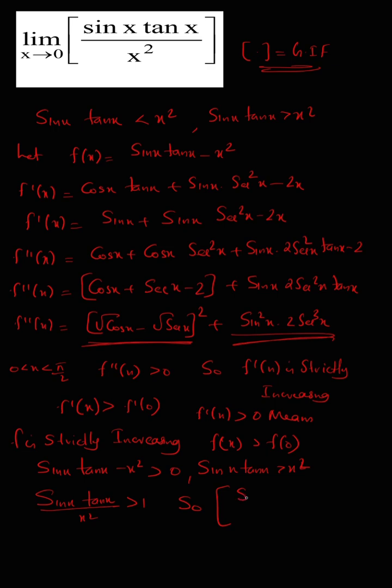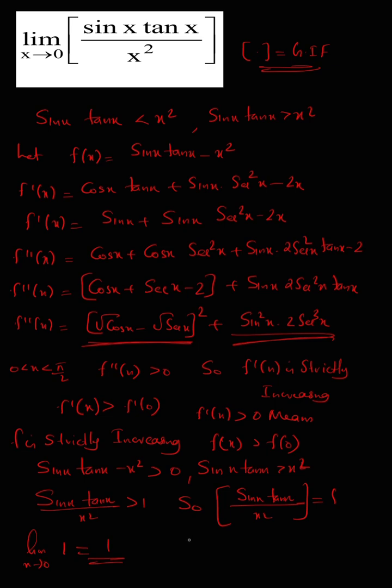So what is its step? When x approaches 0 plus, this will be approaching 1. So what is our answer? The limit as x tends to 0, this step will become 1. So the answer is 1.